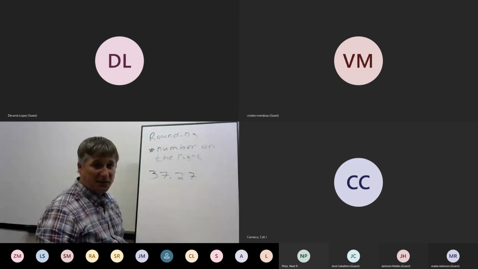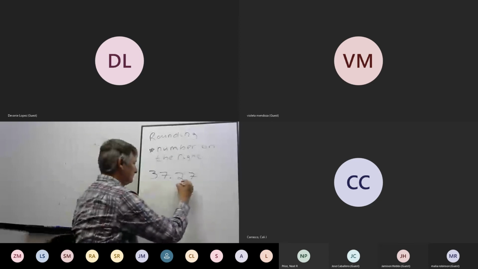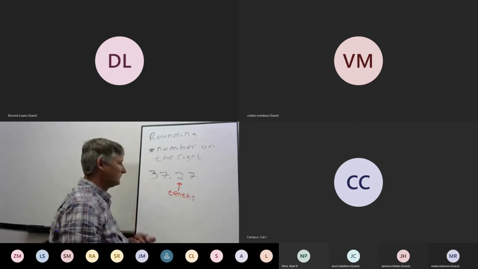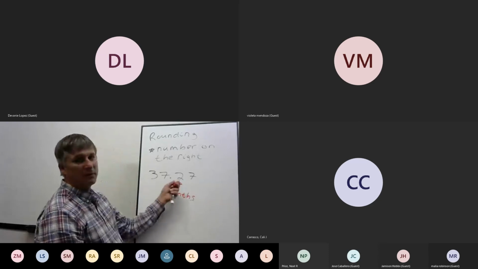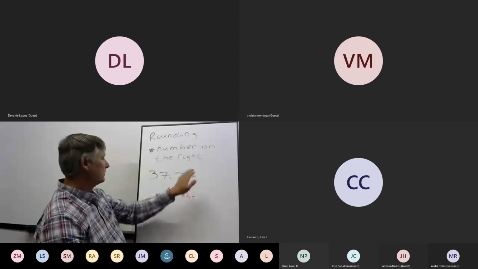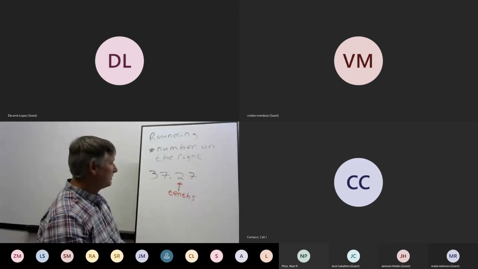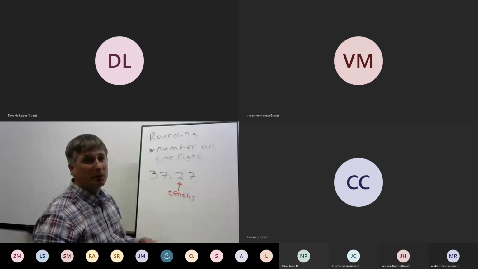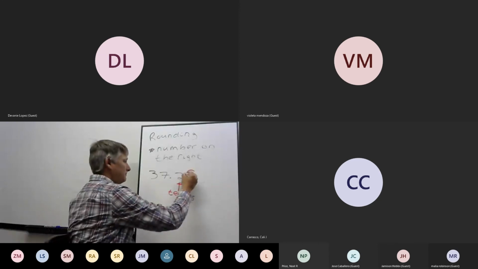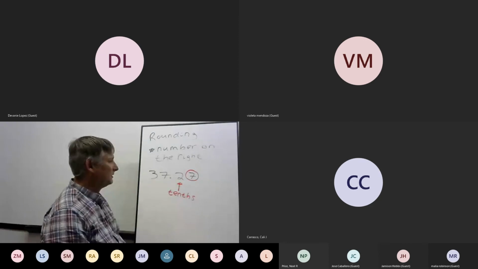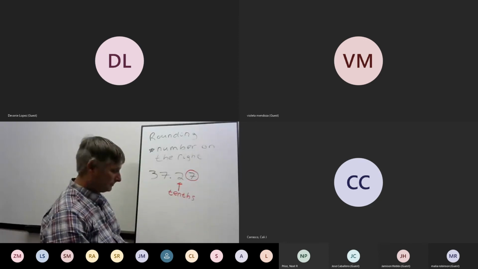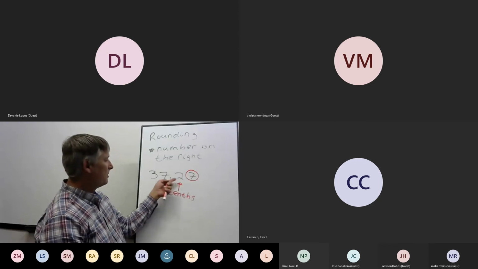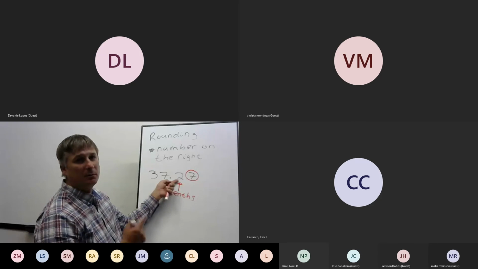Let's say we're going to round to the tenths place. We're going to round to this number. That means we're going to have this number stop at the tenths. So to do this right, look to the number on the right. If this number is 5 or greater, we bump up this place value by 1.